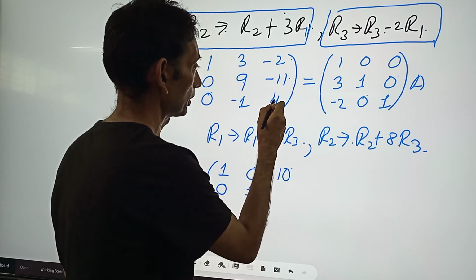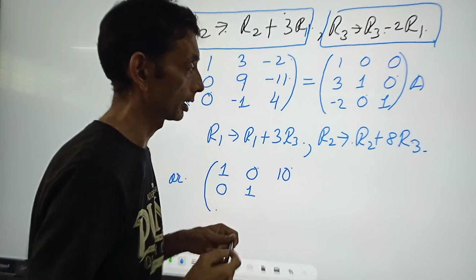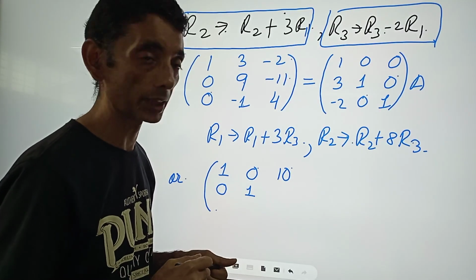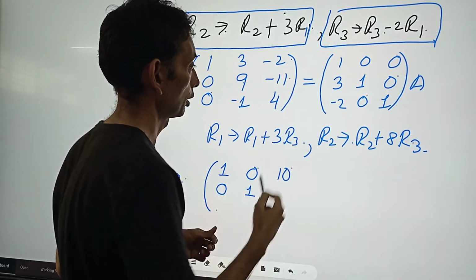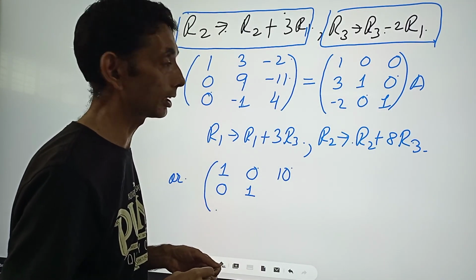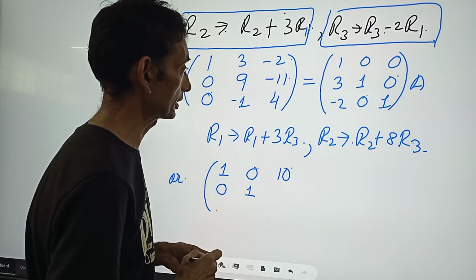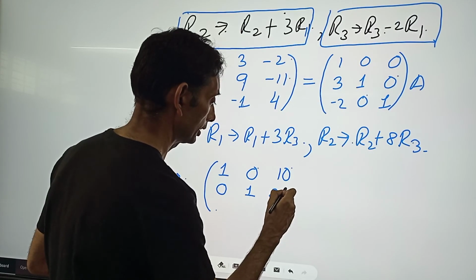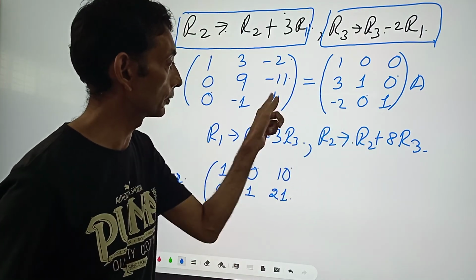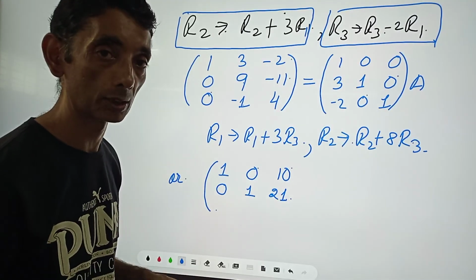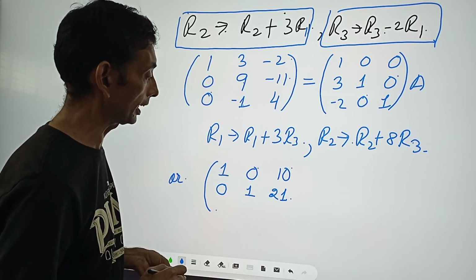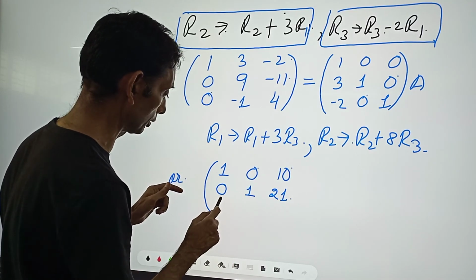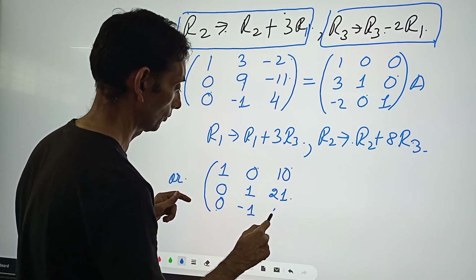And since you are multiplying this 4, that means the third row, by 8, 8 times 4 is 32, then minus 11. 32 minus 11, so you are going to get 21. Then next, there is no change in R3, so it will be 0, -1 and 4.